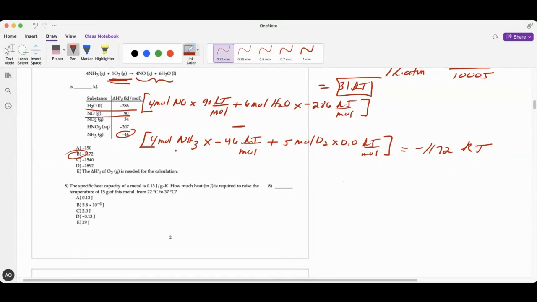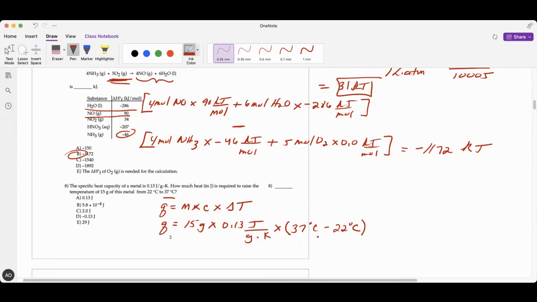So here we'll use Q equals the mass times the specific heat capacity times delta T. Q is equal to the mass, 15 grams, times the specific heat capacity, 0.13 joules per gram Kelvin, times delta T, which would be 37 degrees Celsius minus 22 degrees Celsius.